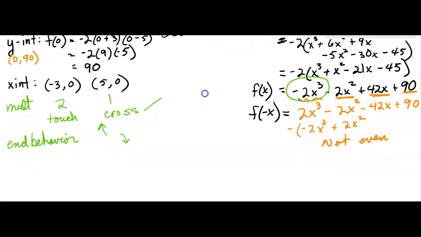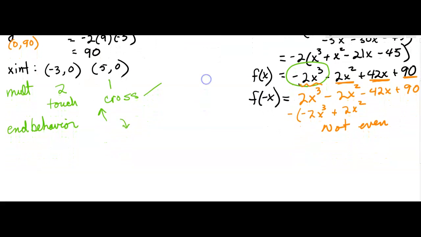Let's see, I don't want to lose all my information here. Okay, so I'm going to draw something like that. I have one intercept at -3, and I have one at 5. I have the y-intercept. Let me put these in a different color so you can see them better.